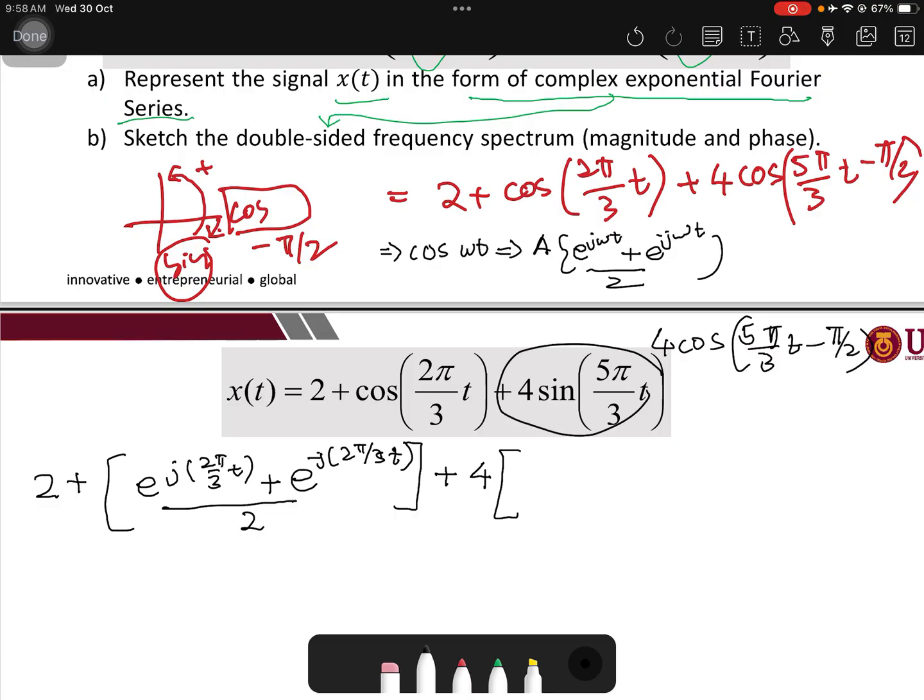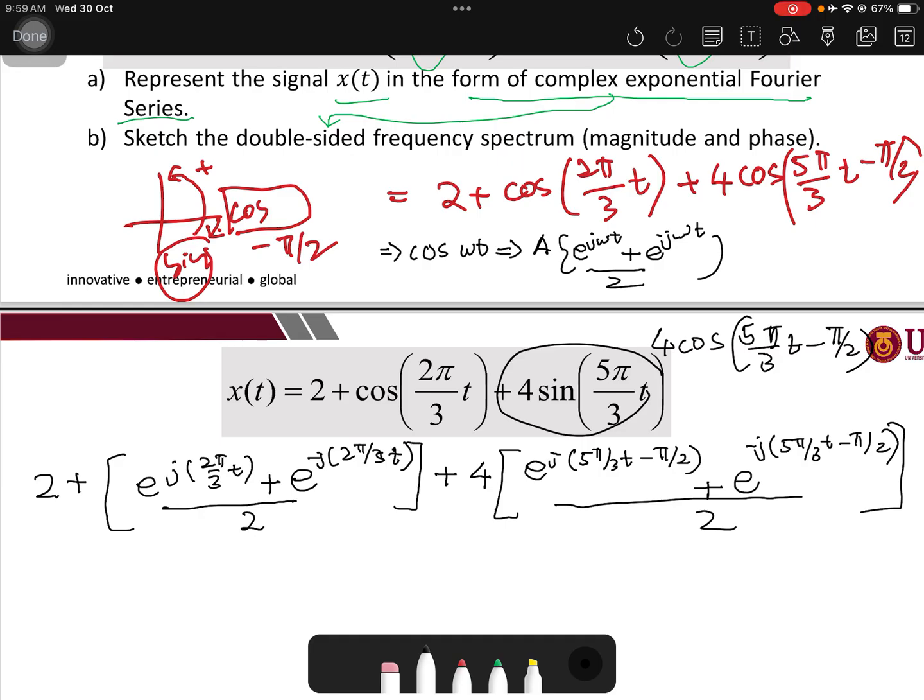This one becomes exponent j(5π/3 t − π/2) plus exponent negative j(5π/3 t − π/2), divided by 2. Inside the bracket you just follow whatever is inside the bracket; the difference is the negative or positive sign here.